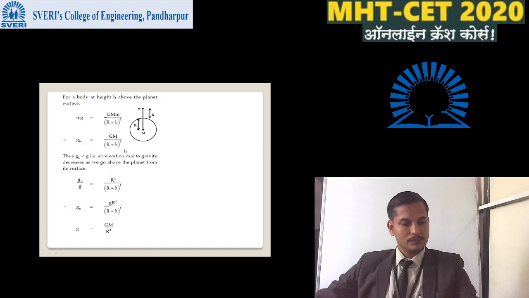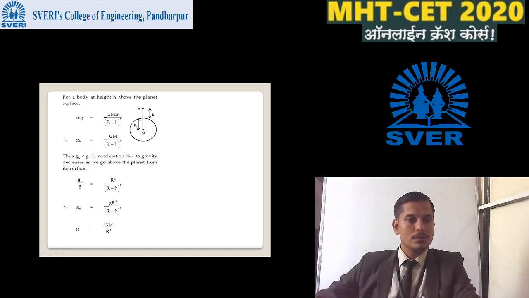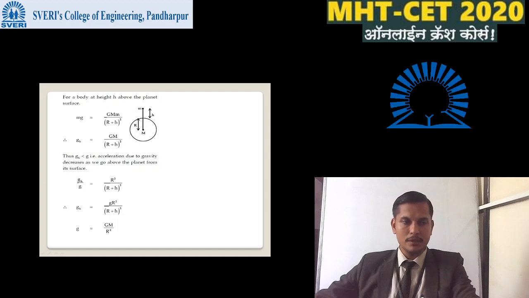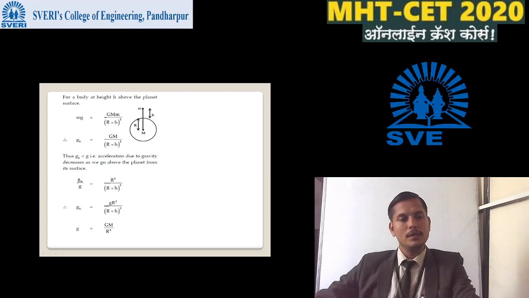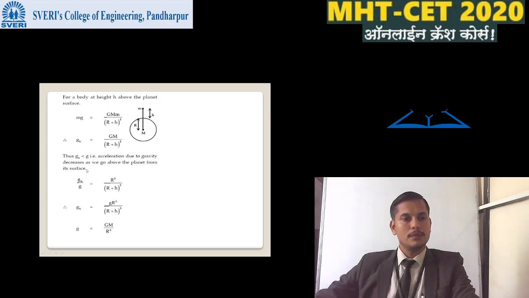याचा अर्थ काय, तर जसं जसं हाईट वाढत जाते तशी तशी ऍक्सेलरेशन ड्यू टू ग्रॅव्हिटी ही जी व्हॅल्यू आहे ती कमी कमी होत जाते. तर तेच आपण इथे सांगितले.